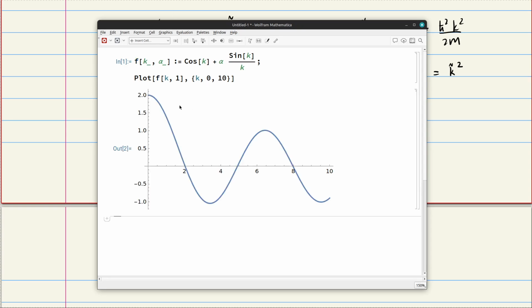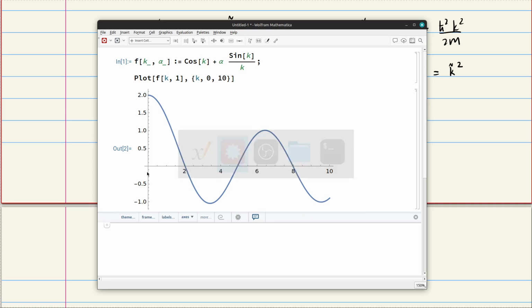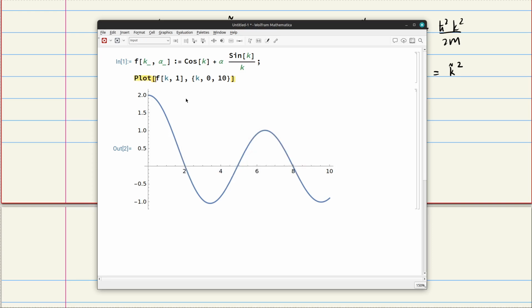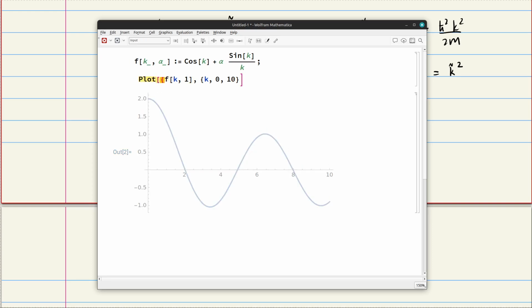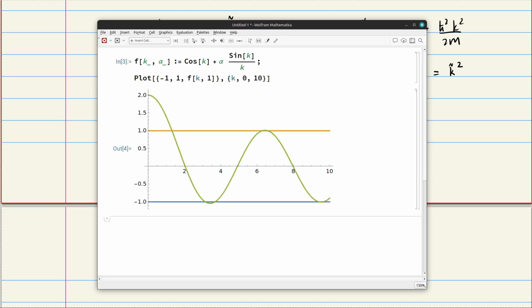Now let's also put the boundaries, which are -1 to 1, and see where we have the solution. So this is -1, +1, and this. Okay, good. So this is telling us the solution.